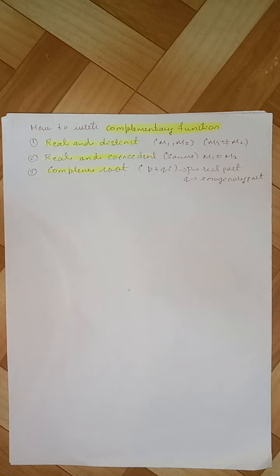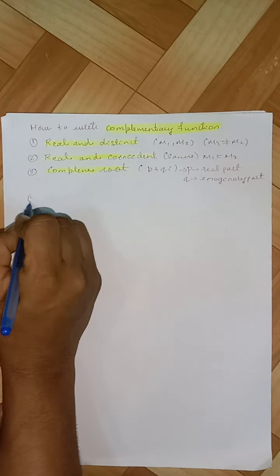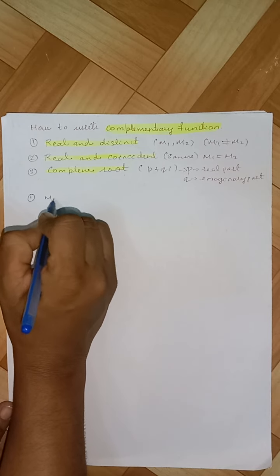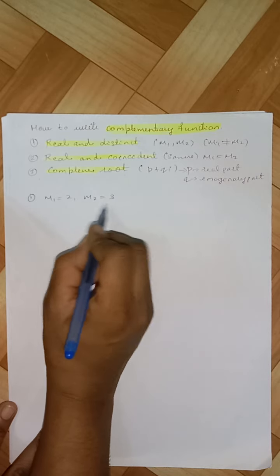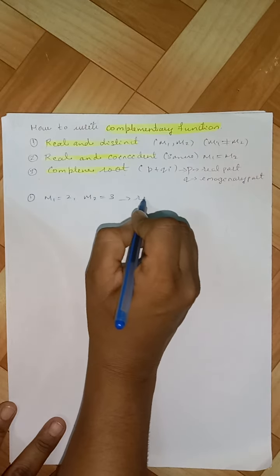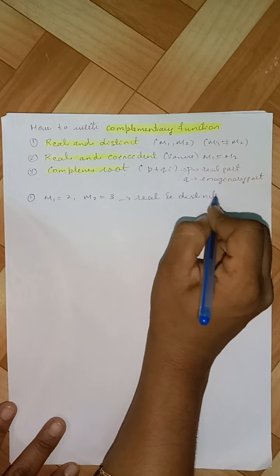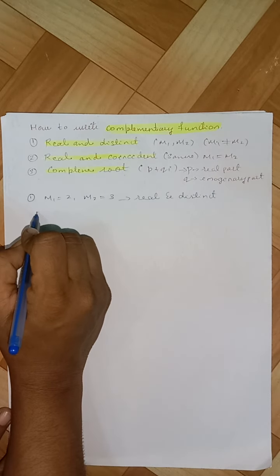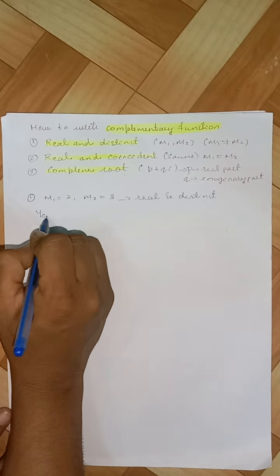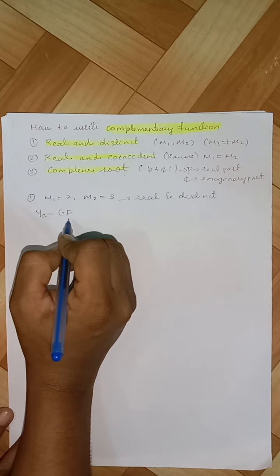So let us consider some of the example. Let m1 equals to 2 and m2 equals to 3. These are the two roots which are real and distinct. So if the roots are real and distinct, then the complementary function, which is denoted as yc, or it is also written as complementary function cf.